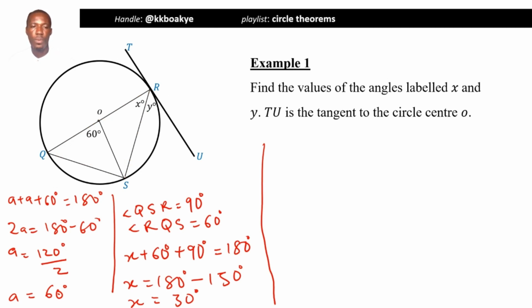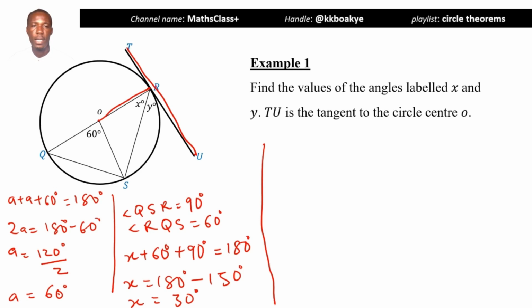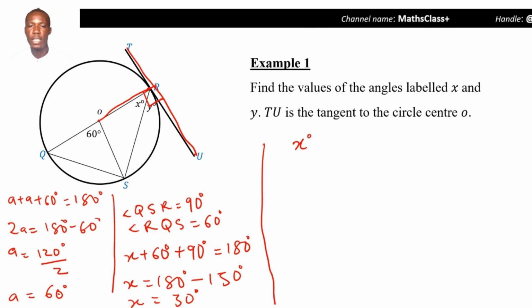Okay, now OR is a radius and TU is a tangent. Theorem 8 says these two meet at 90 degrees. That means x degrees plus y degrees is equal to 90 degrees.